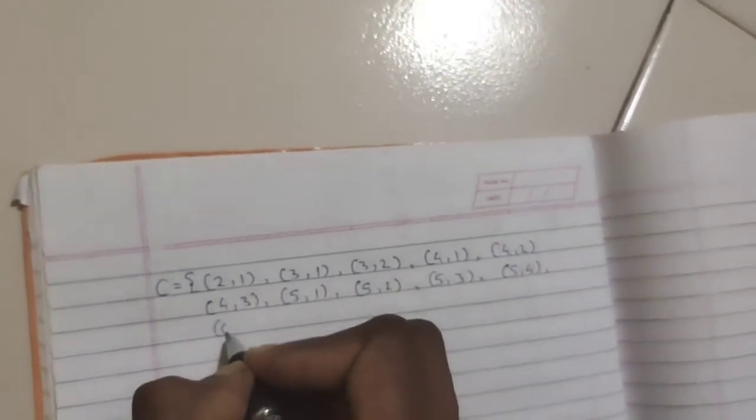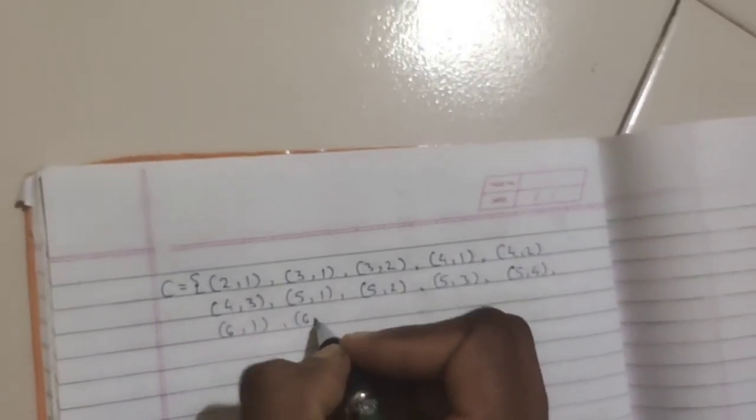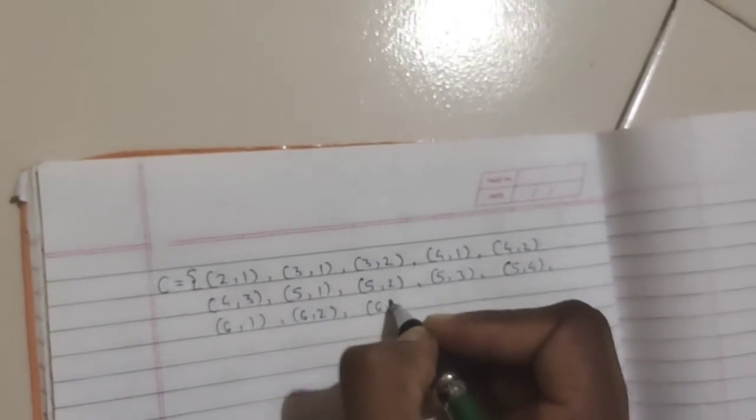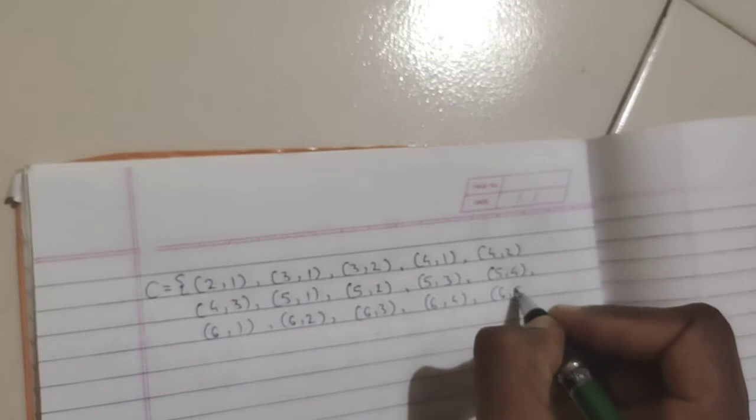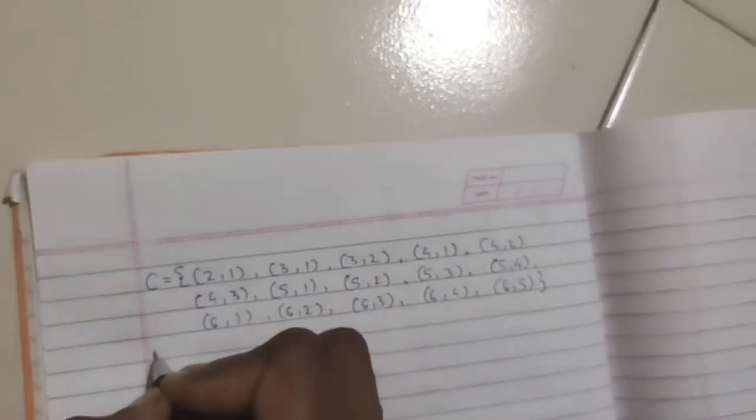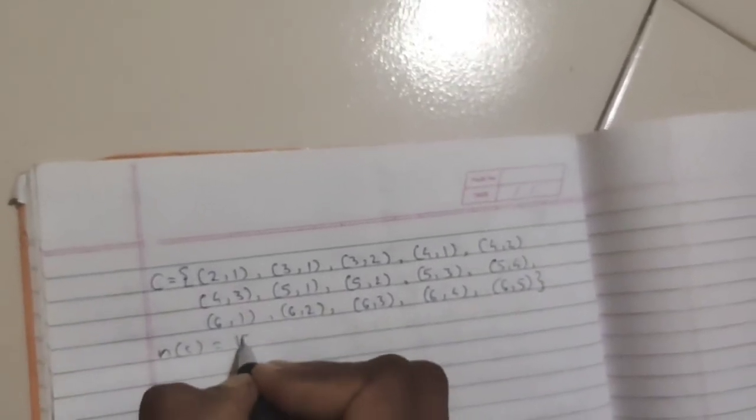Then you have 6 1, 6 2, 6 3, 6 4, 6 5. Okay, so only these 15 are there in this set.